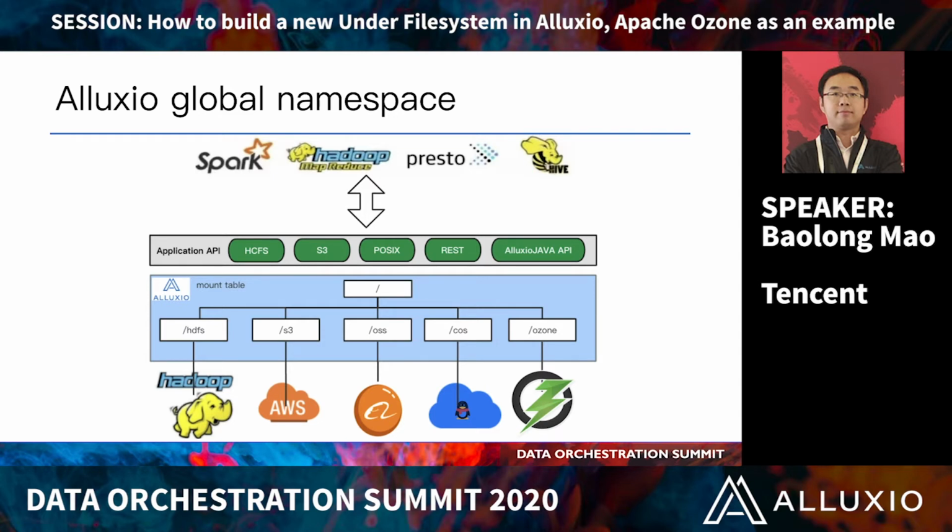As Alluxio is getting more and more popular, and as Ozone wasn't a UFS of Alluxio yet, I made some minor effort to make it possible to access Ozone through Alluxio.